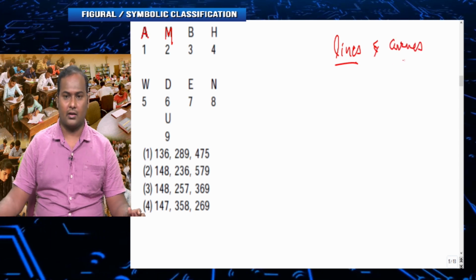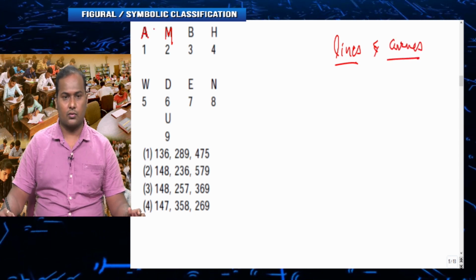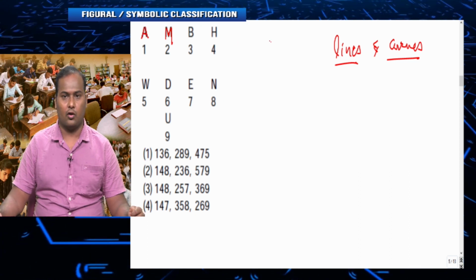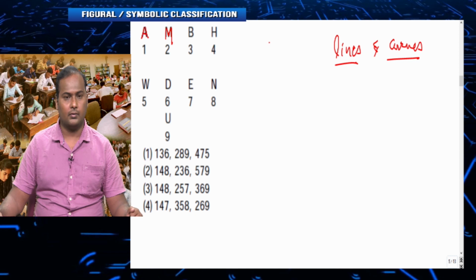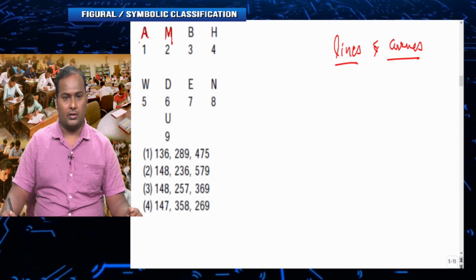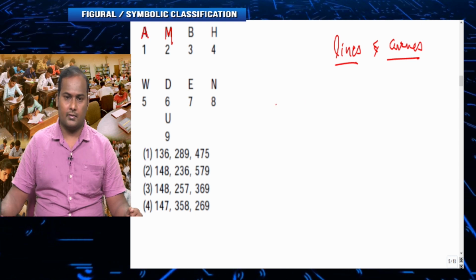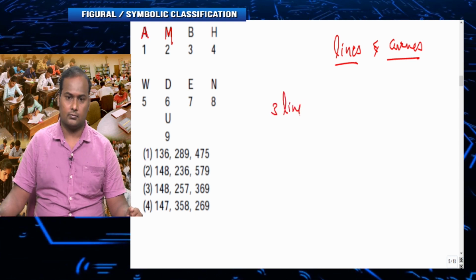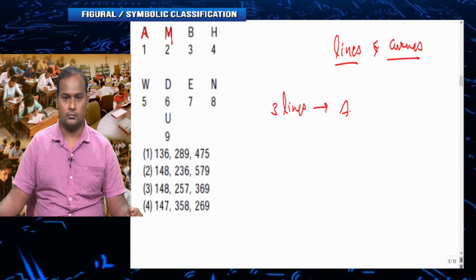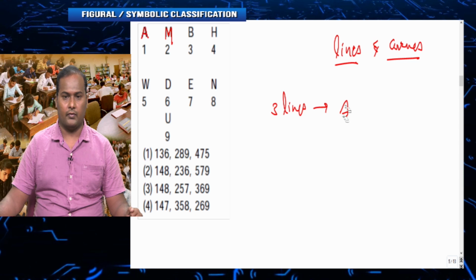So this question is grouped based upon the characters of lines and curves. Let's check how many lines and how many curves are there. A is formed with how many lines? 3 lines. So A, that is figure 1, has 3 lines.